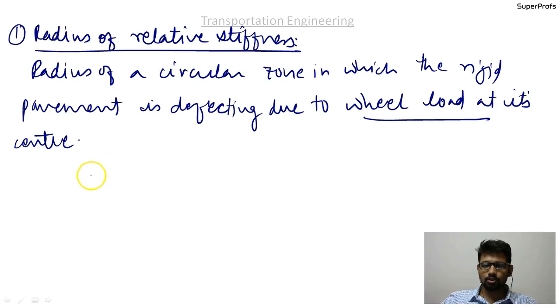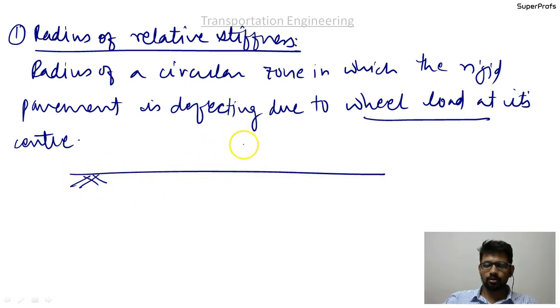So the scenario is of this kind. Suppose this is the ground level, and there is a wheel like this, with load P acting at the center of the wheel. At the ground level there is a rigid pavement slab like this.